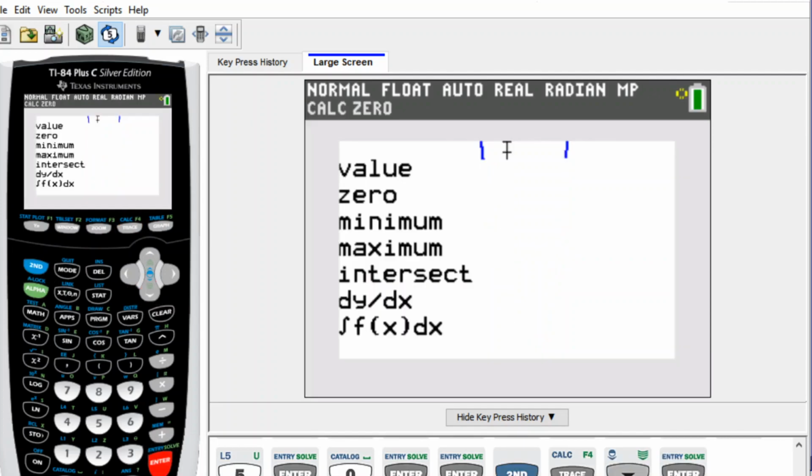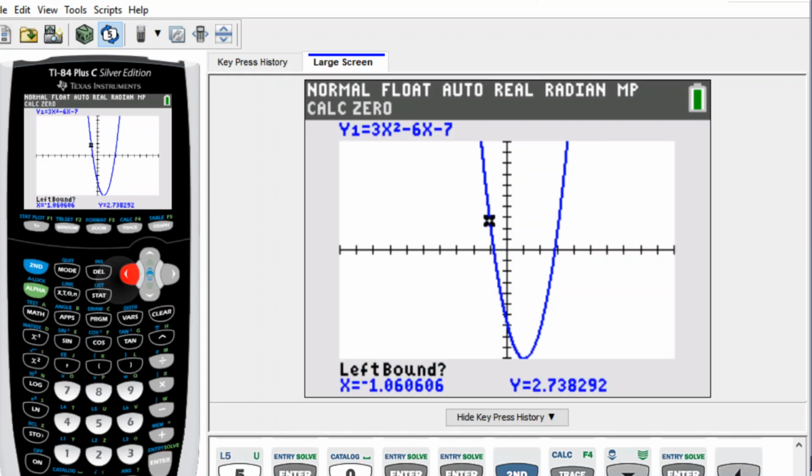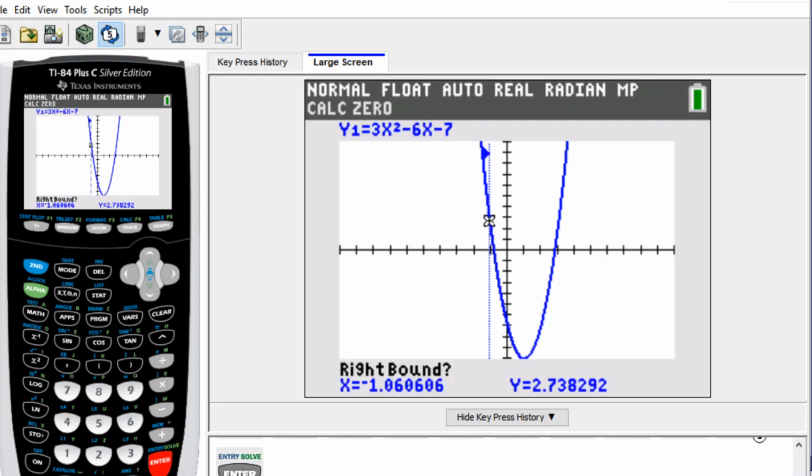I'm going to choose this 0 option. I pick some point to the left of one of my x-intercepts. Then I pick another point somewhere to the right so that my x-intercept is between those 2 lines. We do one x-intercept at a time. And I get that value, -0.82574, whatever, rounded usually to the nearest hundredth, just so we have a couple decimal places there.